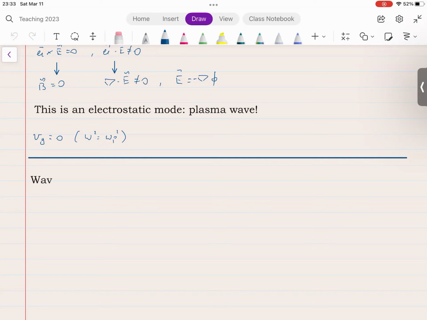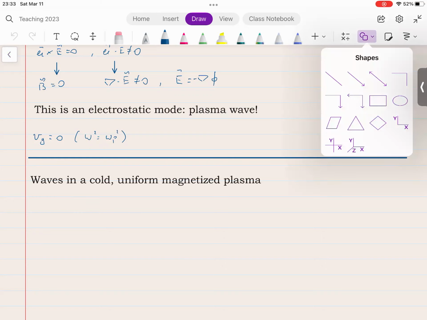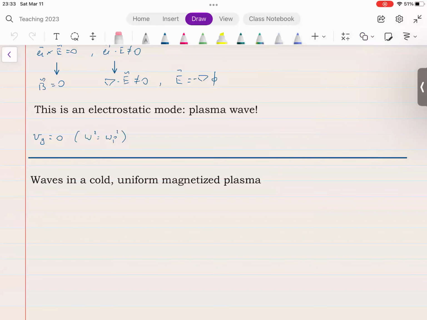And we're going to look at waves in a cold uniform magnetized plasma. Again, magnetized means that the equilibrium B is non-zero.